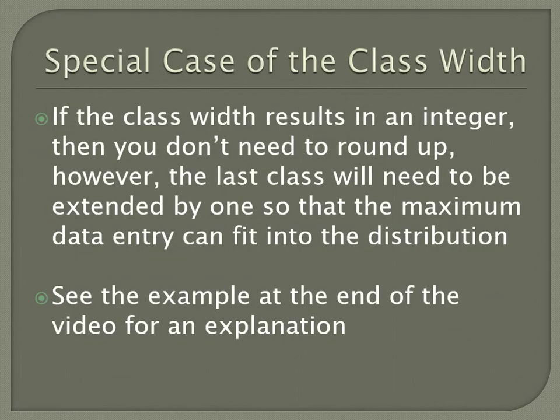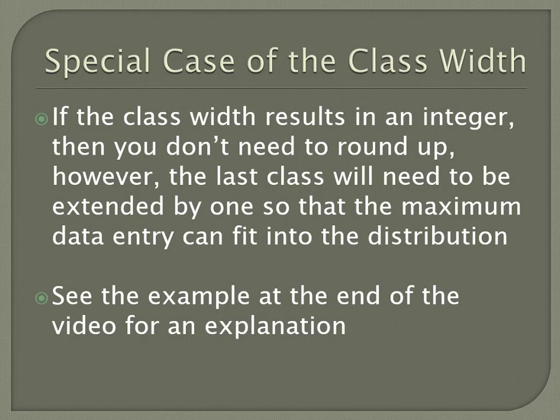Now there is a special case of the class width. And this happens when your class width ends up not having a decimal. It just becomes an integer. And if the class width results in an integer, then you don't need to round up. However, the last class will need to be extended by 1 so that the maximum data entry can fit into the distribution. Some textbooks treat this differently.